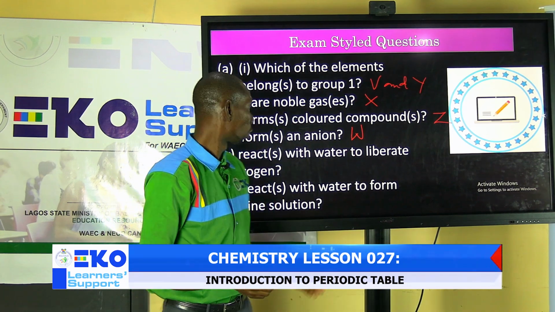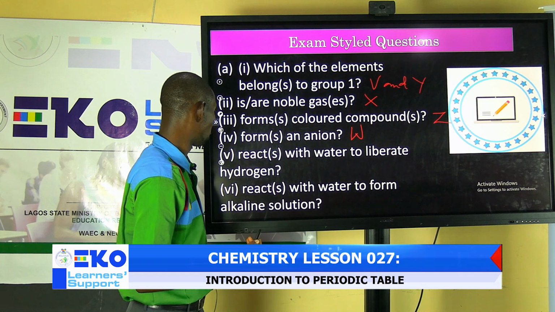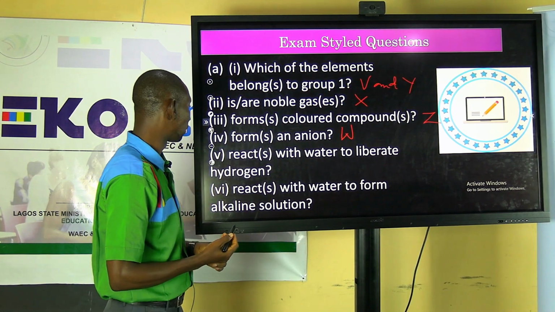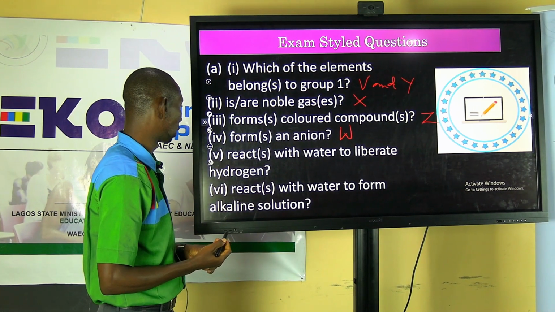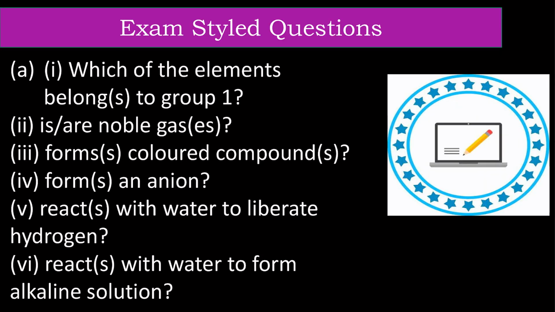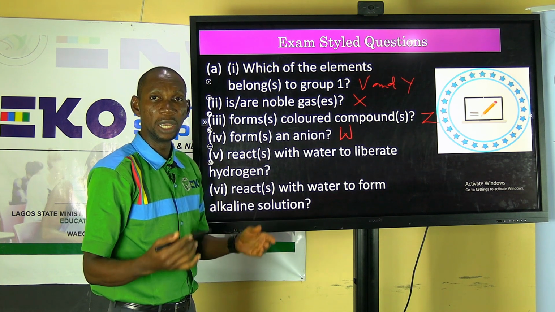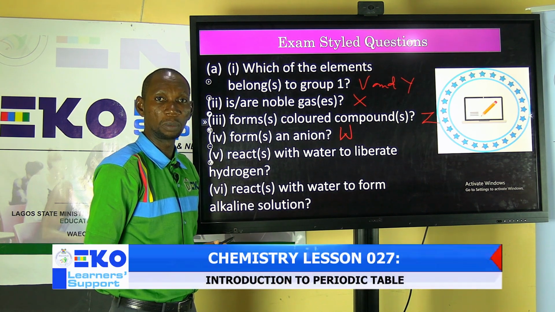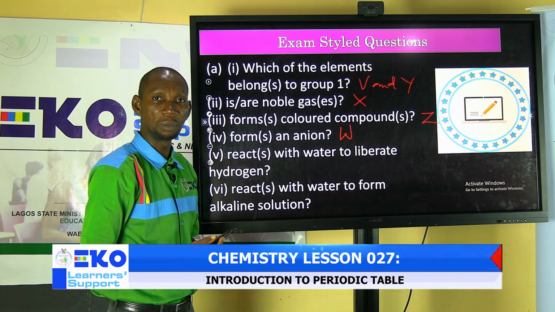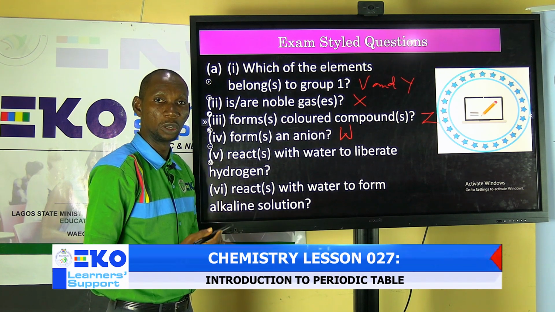All right. So let's look at question number 5, Roman figure 5 question. The question is, which one reacts with water to liberate hydrogen? Now, this is one of the reactions of the main group elements. I'm talking about the alkali metals, where you have sodium, potassium.